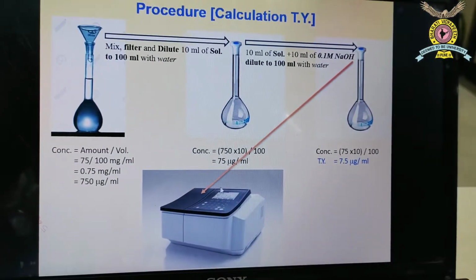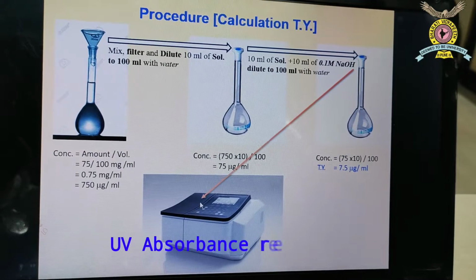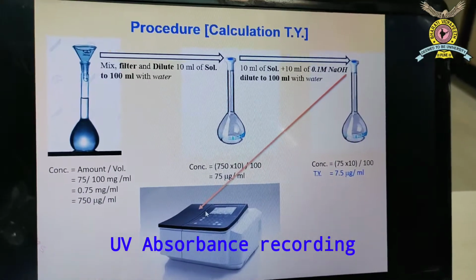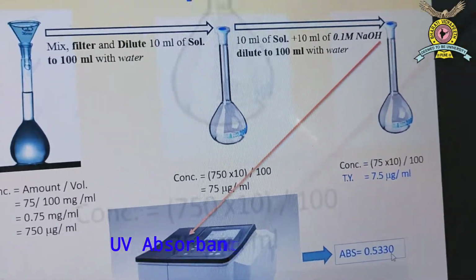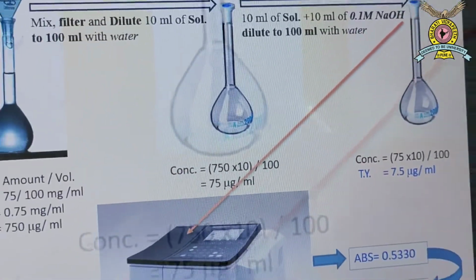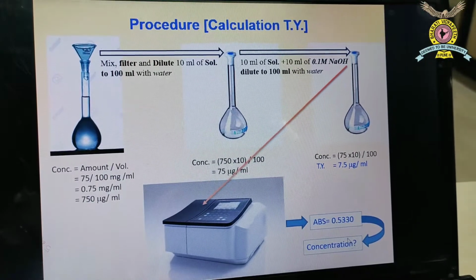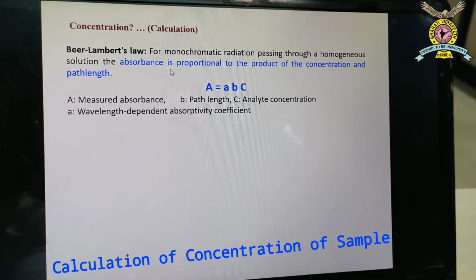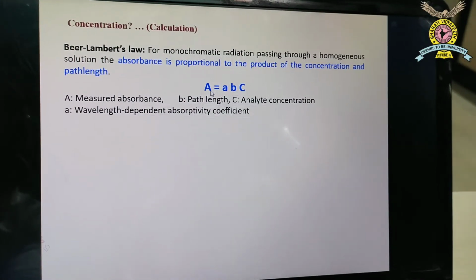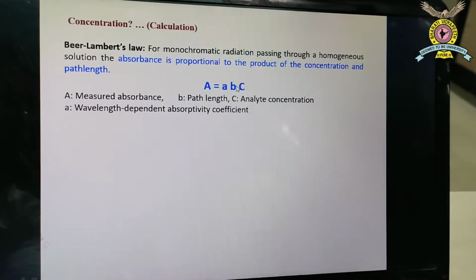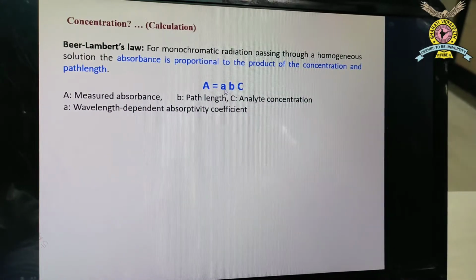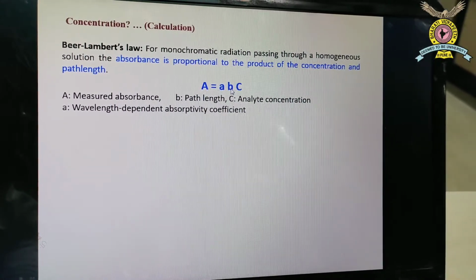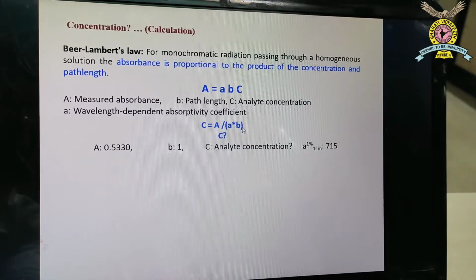Now this solution was taken into the UV spectrophotometer, and the absorbance was found to be 0.5330. We find out the concentration. So what is the concentration? That can be calculated. Here we are using Beer-Lambert's law: A equals a b C, where capital A is the absorbance, small a is the absorptivity, b is the path length, and C is the concentration.